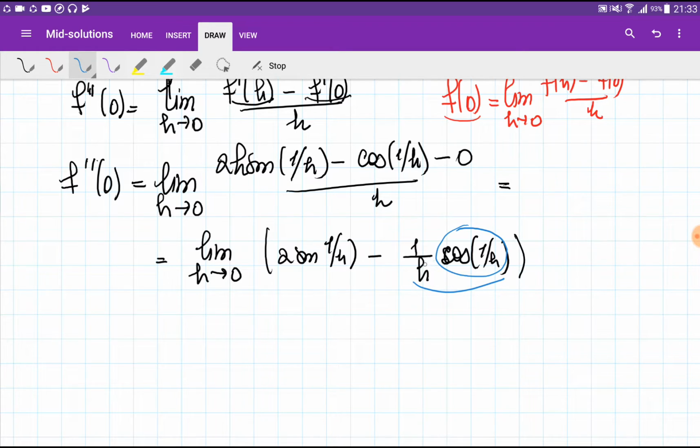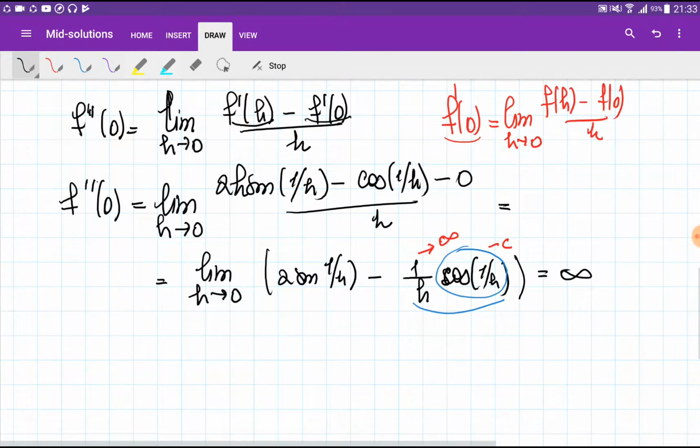If I multiply this constant by the reciprocal of h, which is 1 over 0 as h goes to 0, this thing goes to infinity. And this constant is always in a range between minus 1 and 1, so that is why its limit does not exist.